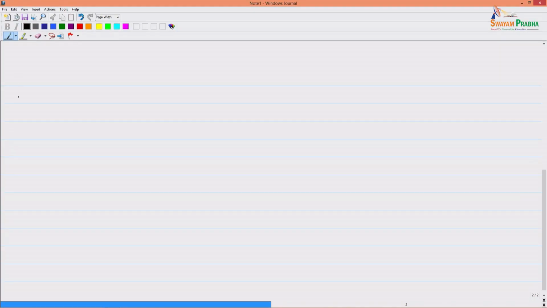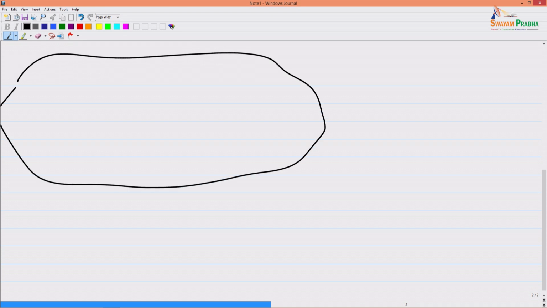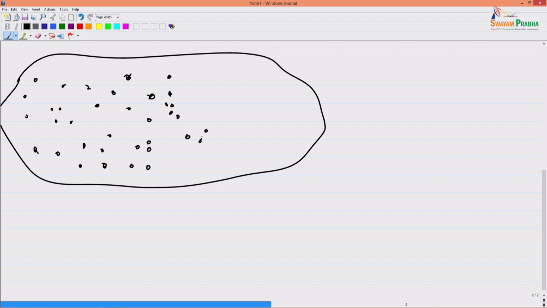Now, for example, if I have a volume, this is my large volume, and these are all the molecules, moving around in random motions, molecular motions.